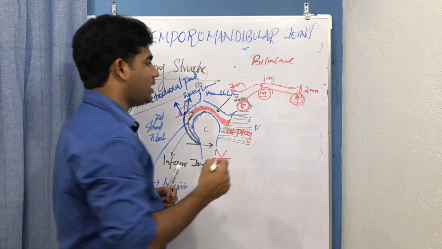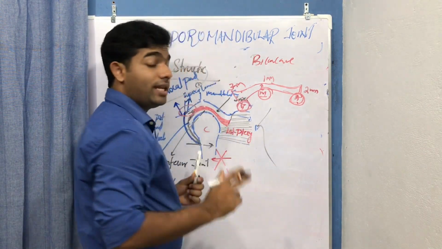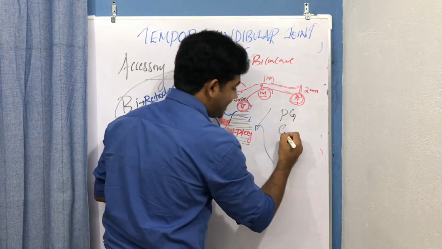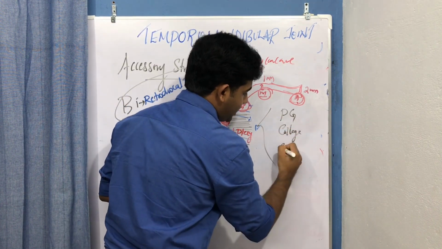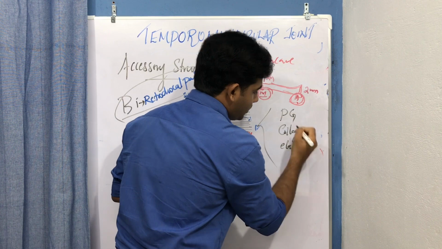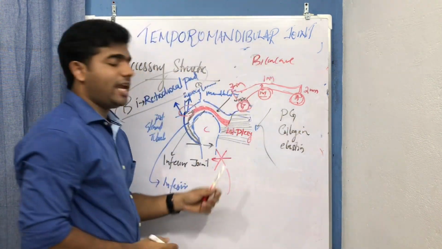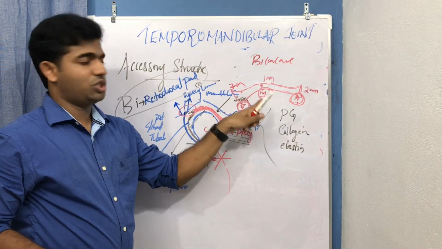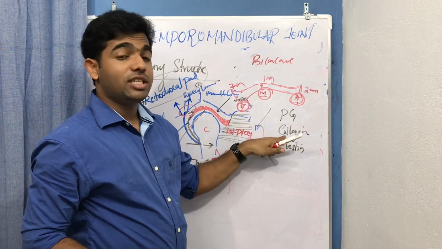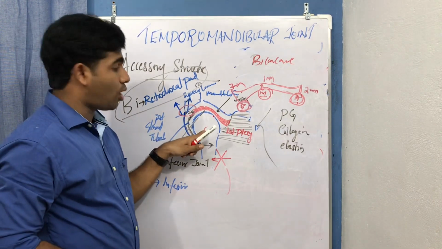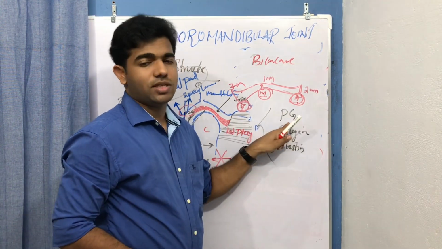The temporomandibular disc is made up of many components like proteoglycan, collagen, and elastin. The collagen provides the shape to the temporomandibular joint disc. Elastin we already studied, it gives an elastic property, and proteoglycan gives the mechanical properties.